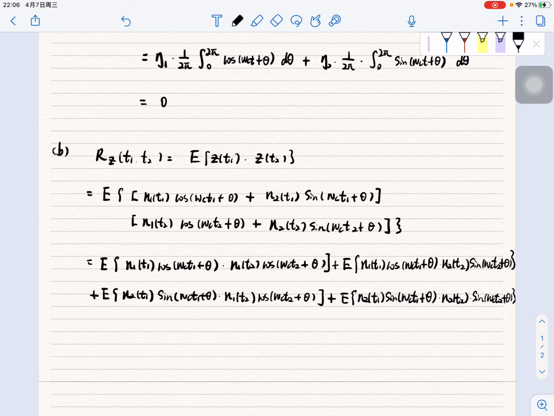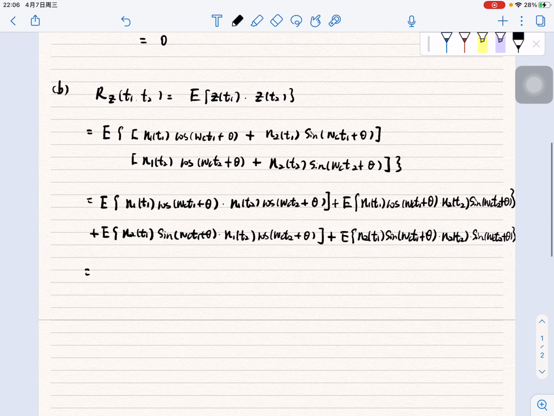And then we can get that the first term equals Rn1 multiplied by the expectation of cosine omega c t1 plus theta cosine omega c t2 plus theta.